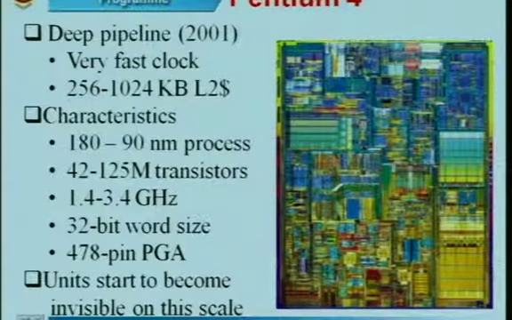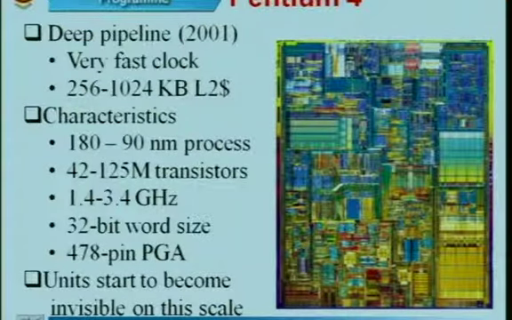This Pentium processor has a very fast clock, having a cache of 256 kilobytes to 1 megabyte L2 cache. The characteristics are 180 to 90 nanometer processing, 42 to 125 million transistors, 1.4 to 3.4 gigahertz, 32-bit word size, 478 pin PGA.